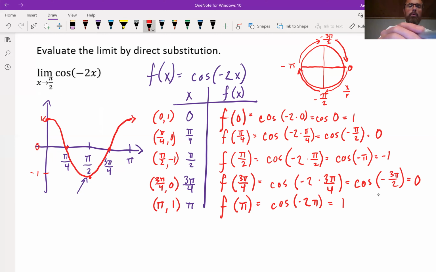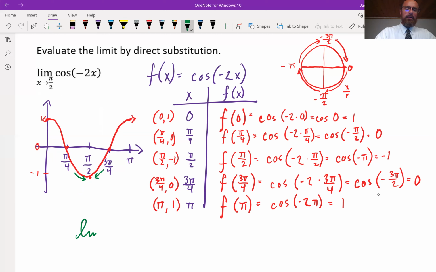So definitely what we're looking for in terms of the limit as x approaches pi over 2 is what the y value is as x approaches pi over 2 from the left and from the right. They have to equal each other. It looks like we're in good shape here, so we can go ahead and record our final answer.